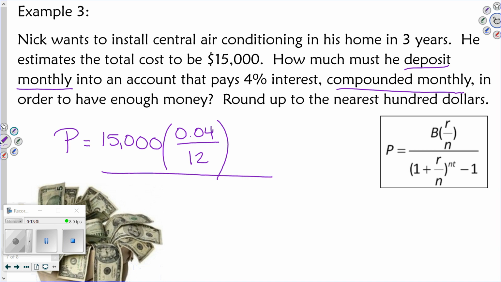All of that over 1 plus the rate, 0.04, divided by N, which is 12, to the N times T. So 12 times how many years? 3 years, minus 1. Holy smokes. Grab the calculator. Let's type it in. Make sure we're understanding those buttons.